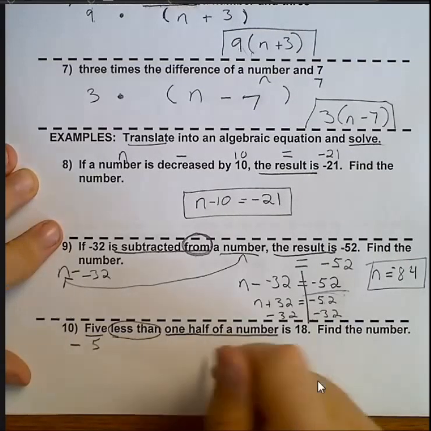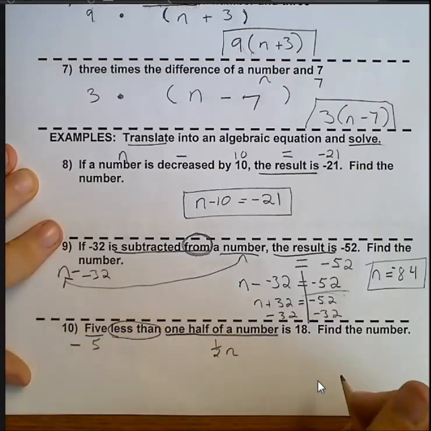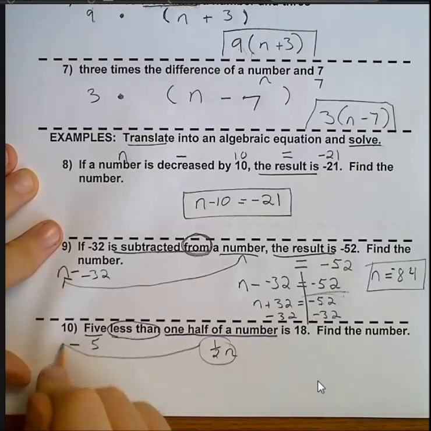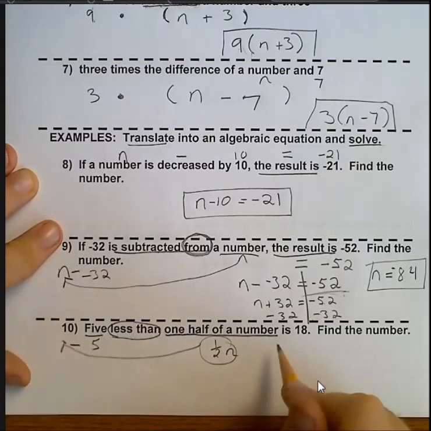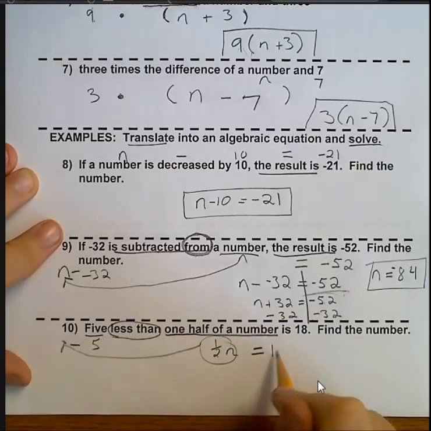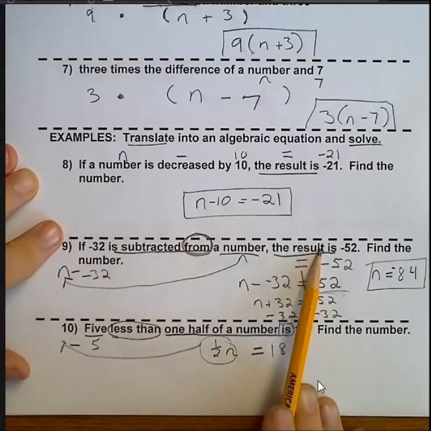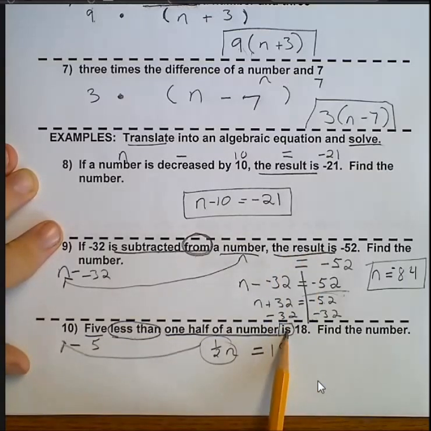Well, that means 1/2 times my number, but that needs to go in front, is 18. Here they didn't use the whole phrase, the result is. They just used is. That's all you need. Is means equals.